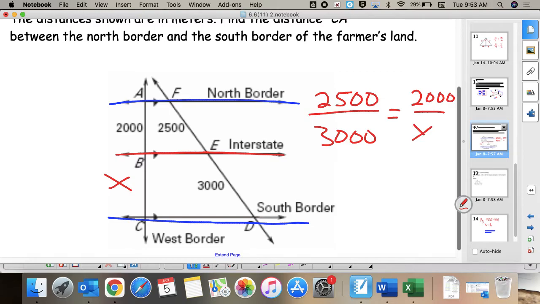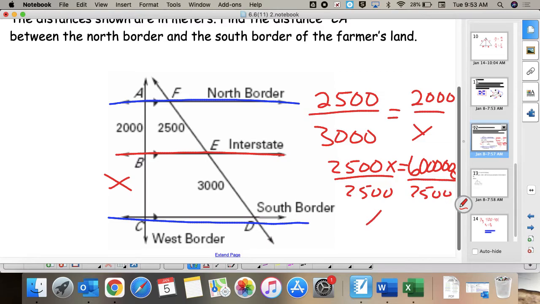So now we cross multiply. 2,500 times x is exactly that, 2,500x. 3,000 times 2,000 gives me 6 million. And then we're just going to divide by 2,500 on each side. We get x to equal 2,400.